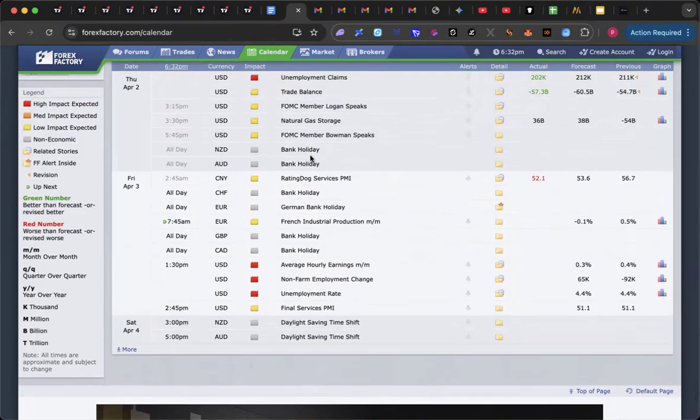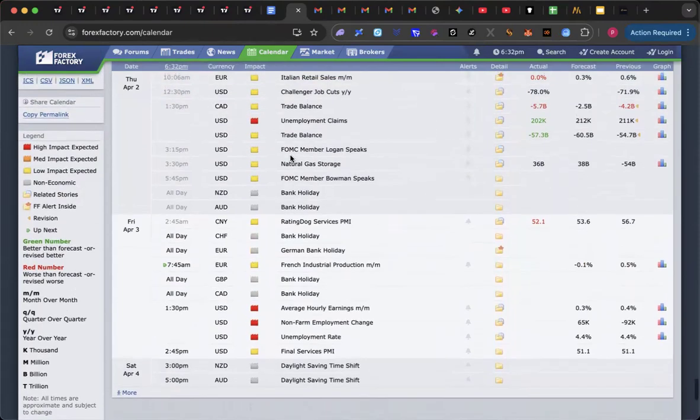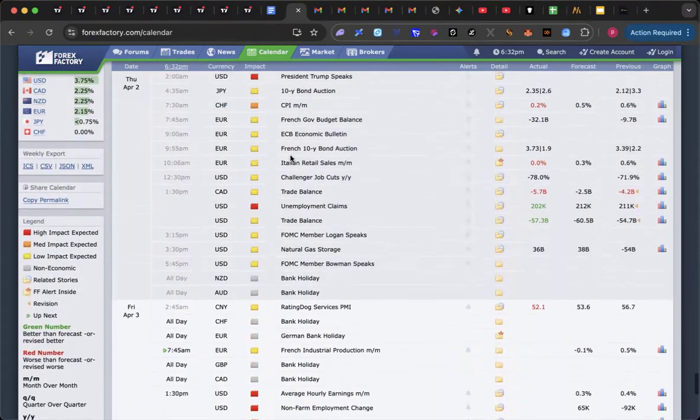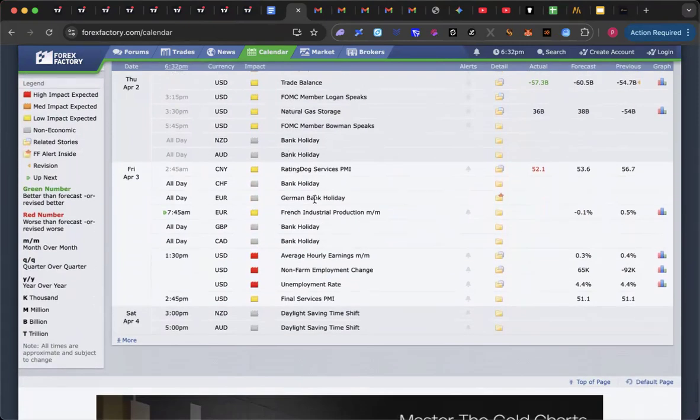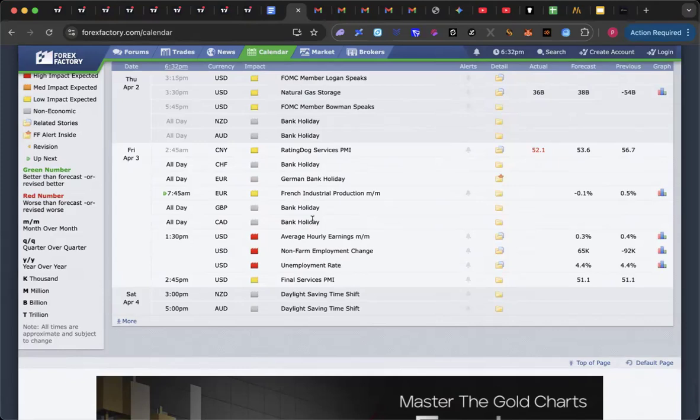Even yesterday, NZD had a bank holiday in New Zealand. So today, bank holiday. Can you see that? So you see, that was why the market was looking at you and you are looking at it.